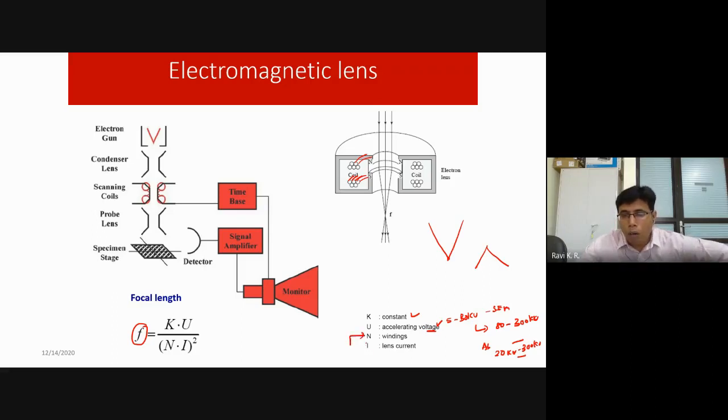So the only thing you are varying is the lens current. By changing the lens current, you can change the focal length. You can converge the beam, you can diverge the beam, and again you can change the magnification also.